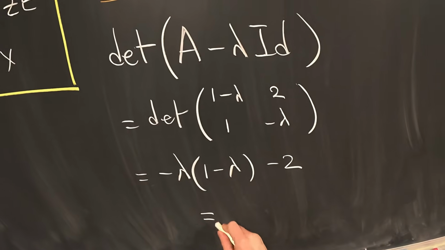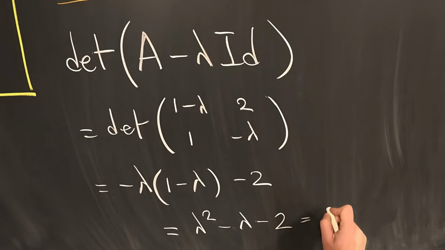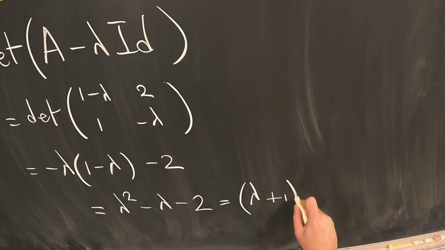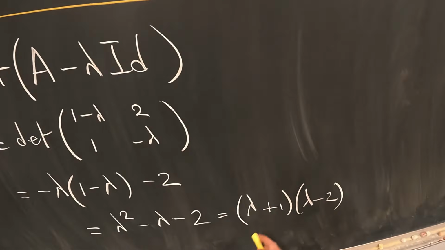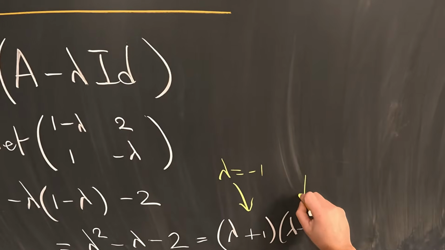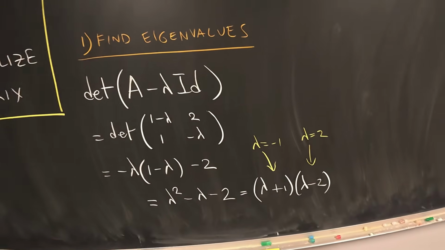And that is lambda squared minus lambda minus 2, which factors as lambda plus 1 times lambda minus 2. So this tells me that there are two eigenvalues, minus 1 and 2, the two roots of that polynomial.